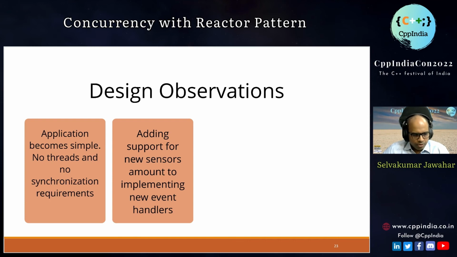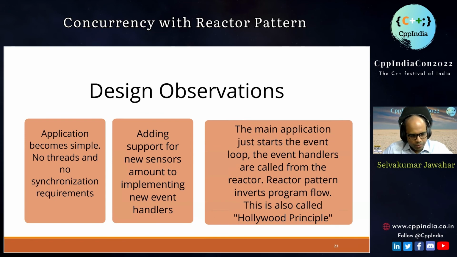The second important thing is adding support. If you want to do some different protocol or something else, all you need to do is implement a concrete handler, and then you are done. That's again an advantage of using a reactor.